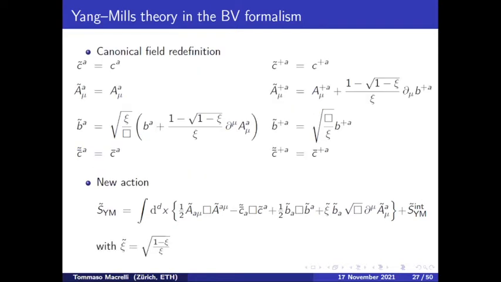Again, to make manifest this color-kinematic factorization, we consider this field redefinition for Yang-Mills theory. What we obtain is this field-redefined action that is closely related to what we want to get in the end.